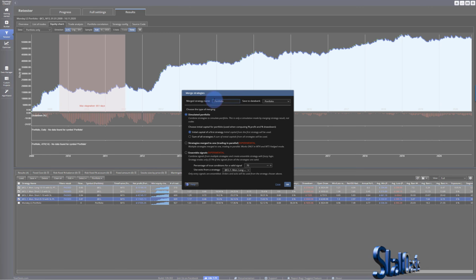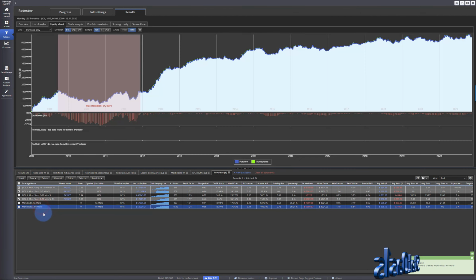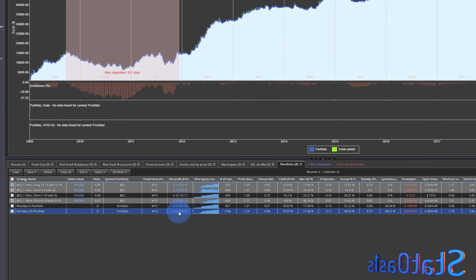And now it's Monday, long, short, short, portfolio. And let's see. It's almost the same stagnation area, and we almost make the same amount of money. But obviously, it's because I'm doing more trades and I'm losing more commission, and that's why it's less.